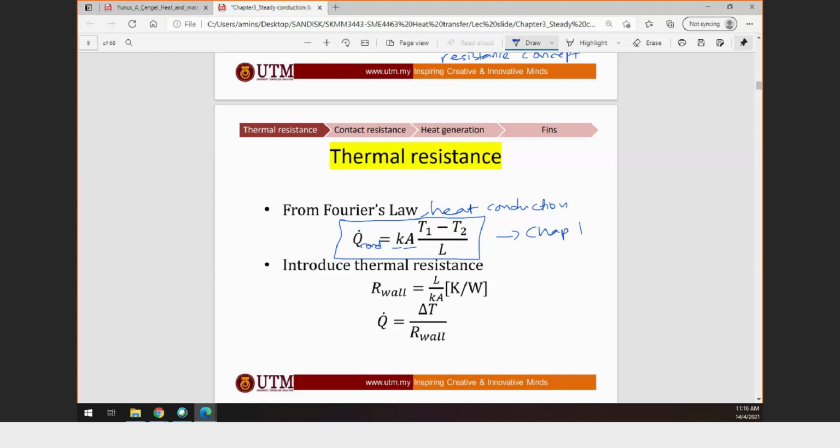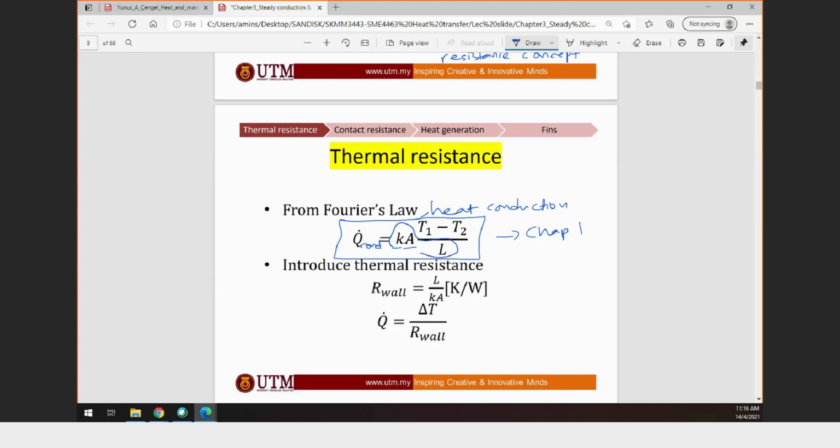the length of the system. Okay, so if you look at this equation, we can introduce a resistance concept by combining the terms that are related to the conduction.